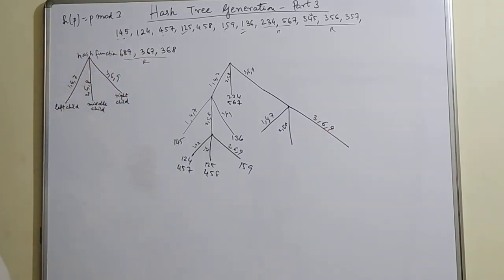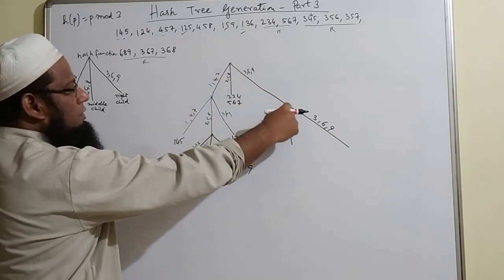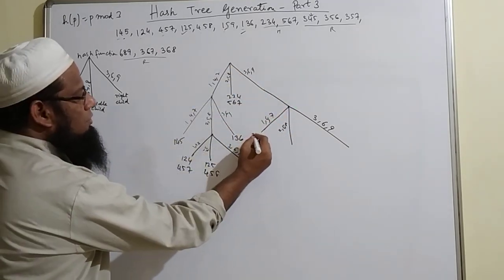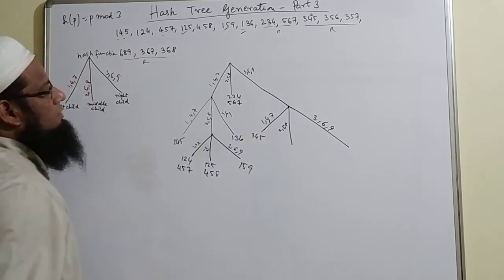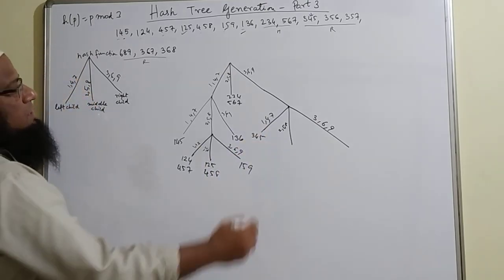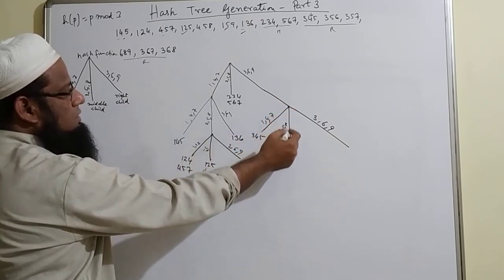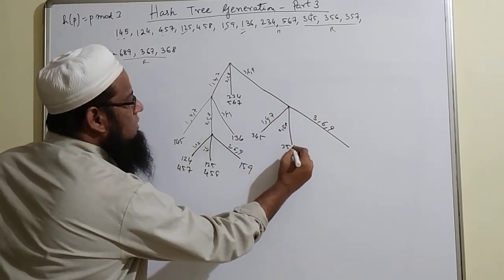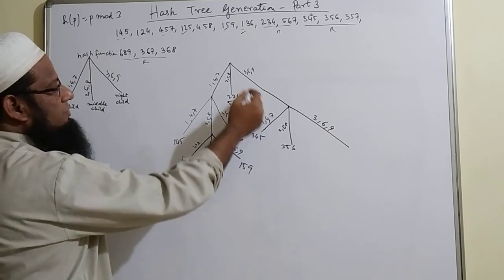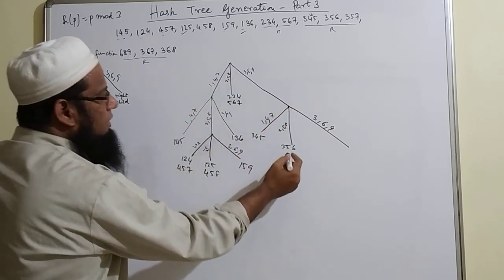So let's come to the first number. It is 345. So it is 3, 4. We write 5 here. Then 356: 3, 5 is this one. Then 357: 3, 5 is coming here.